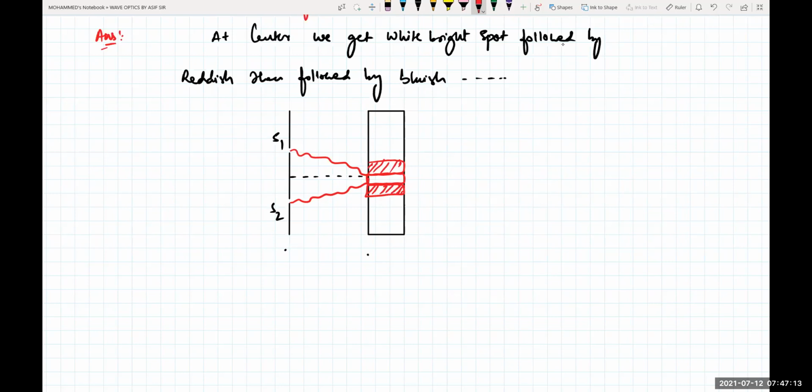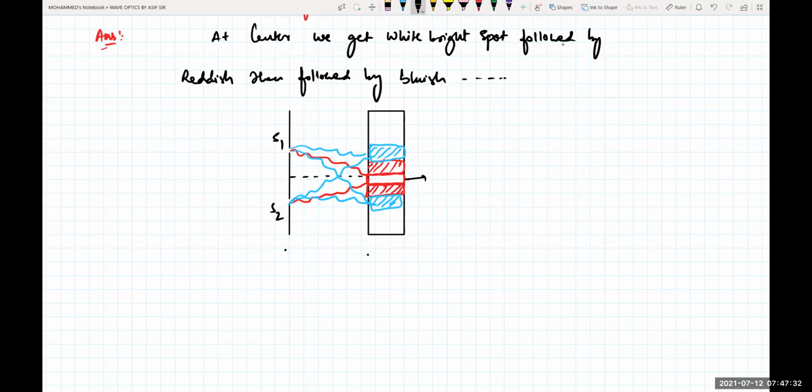Okay. Then it is being followed by your blue color. Like this, the colors go on forming.